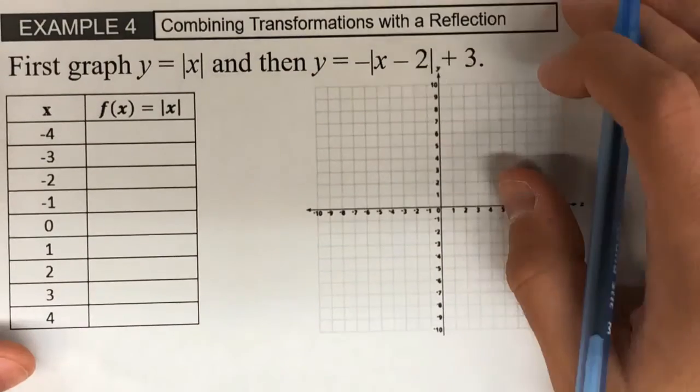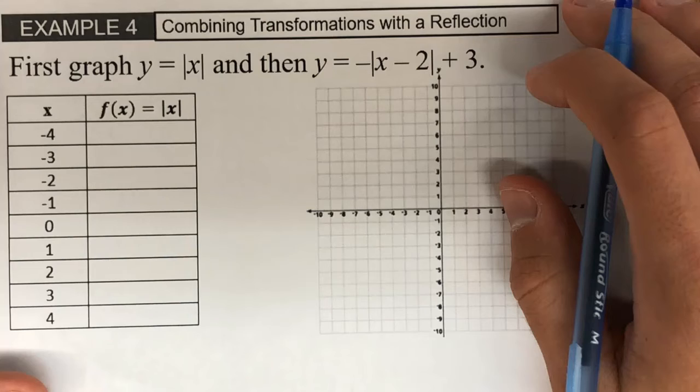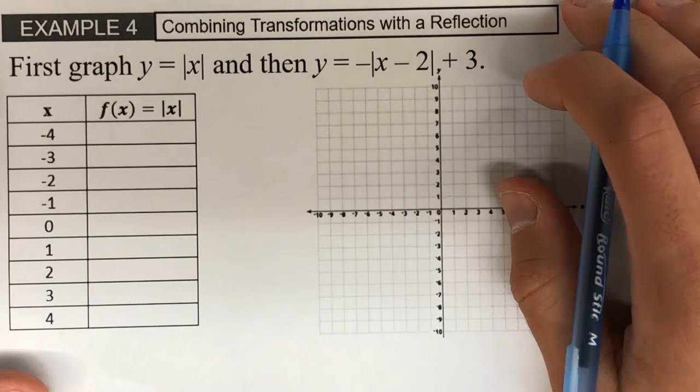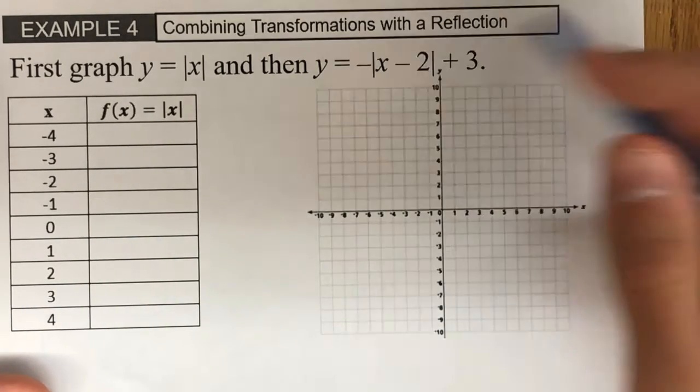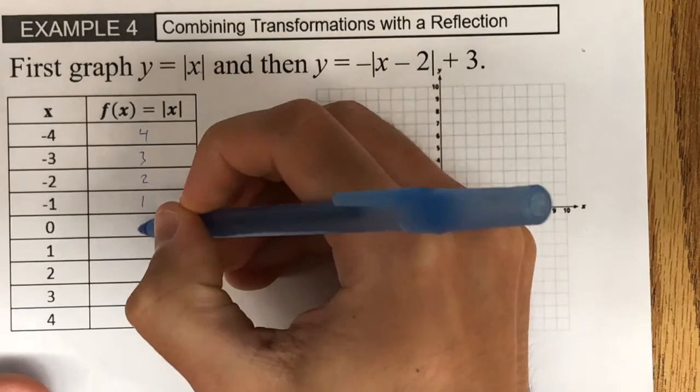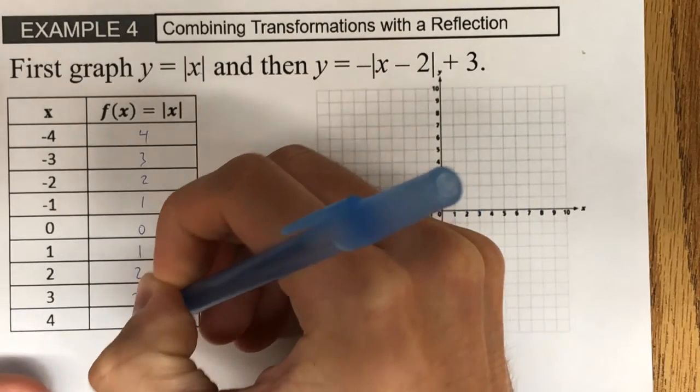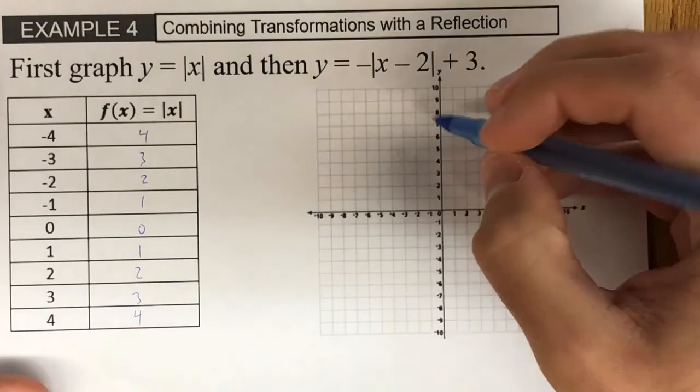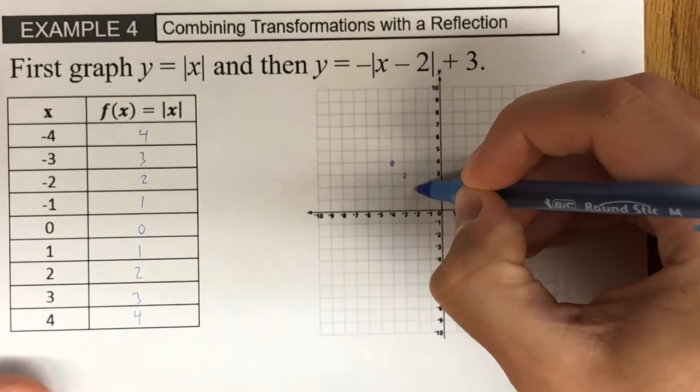Okay. All right, the next piece here is a reflection. So again, let's start just by graphing our parent absolute value function. So we can fill in these values here, knowing the absolute value just makes everything positive.